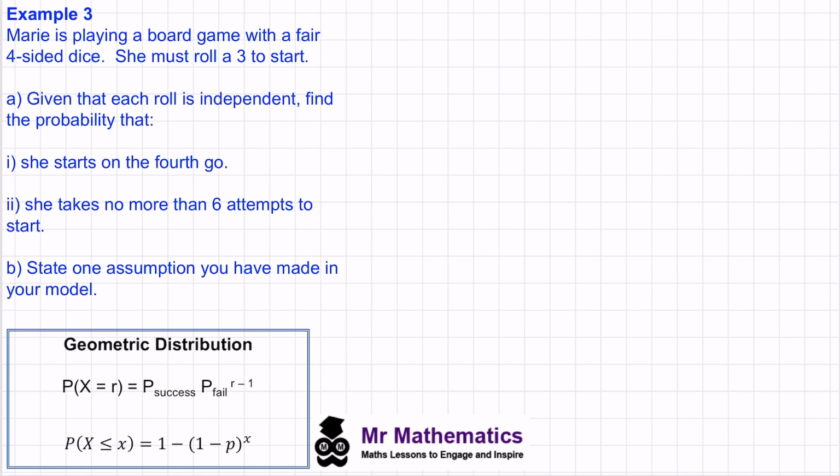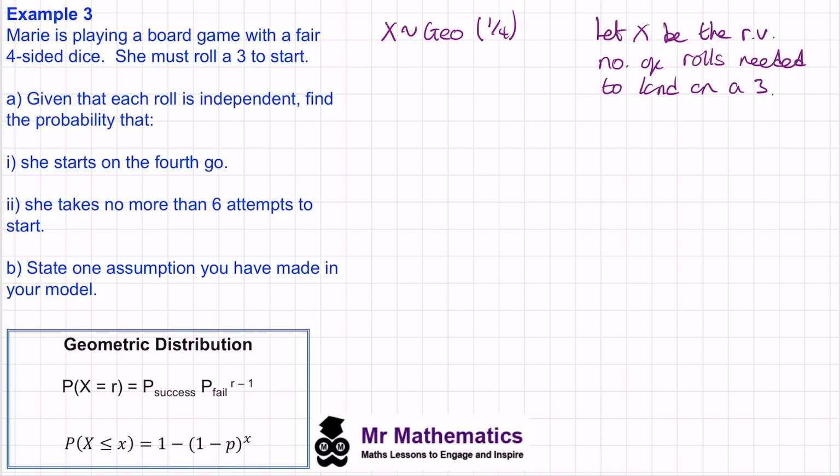So because it's a geometric distribution, we can say x is distributed geometrically with a probability of passing 1/4, because it's a fair 4-sided dice. And now we need to define this random variable. So we'll say, let x be a random variable, the number of rolls needed to land on a 3.